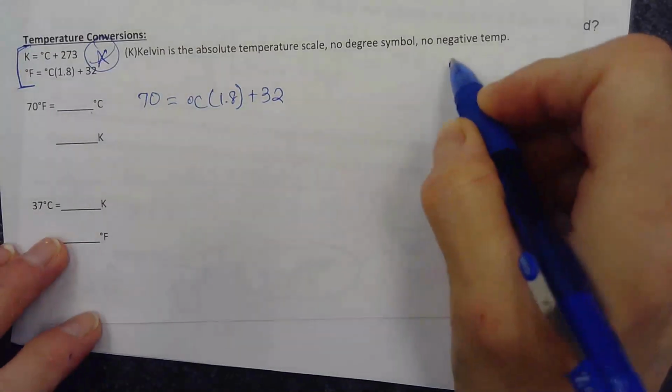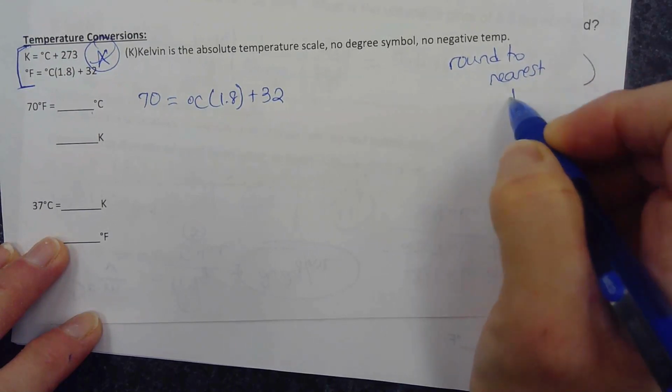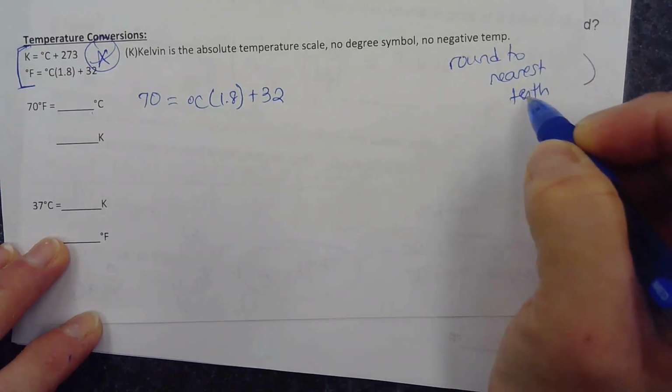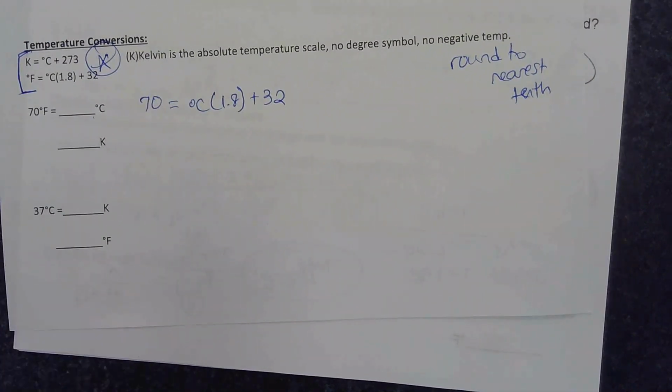I'm going to tell you round to nearest tenth. I didn't tell you how to round. I didn't tell you use significant figures, so I'll tell you round to nearest tenth. What do you get for your answer?